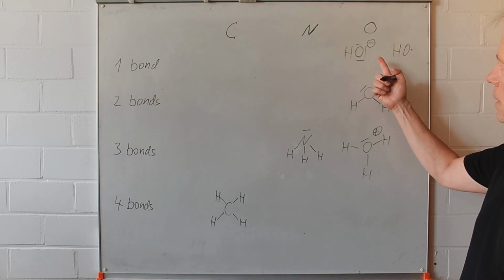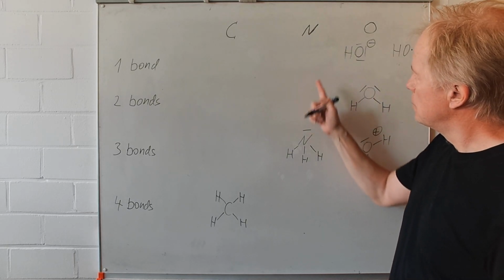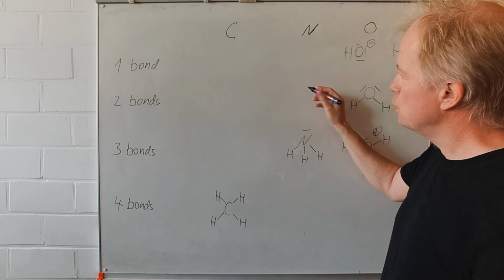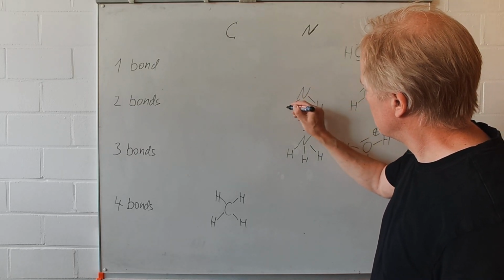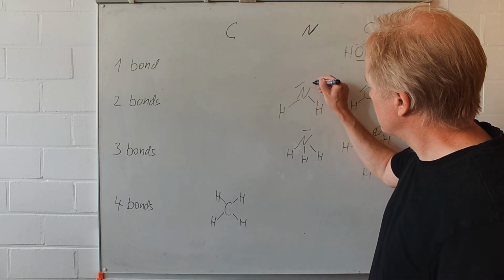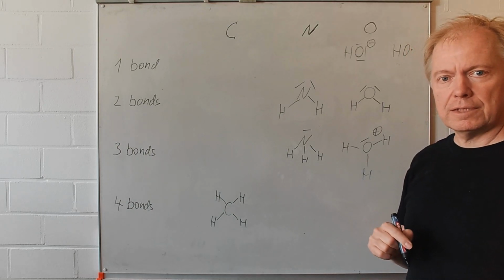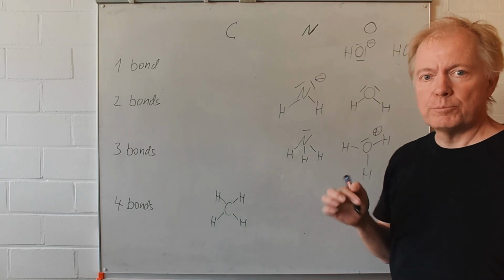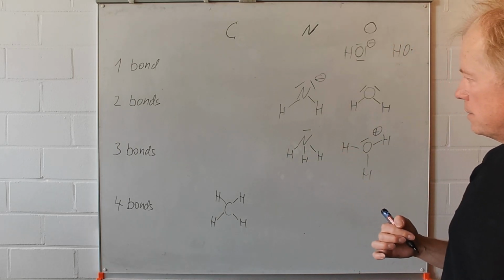Well, let us go to nitrogen. Here, a 2-bonded nitrogen is this anion, an amide anion, for instance, with potassium as counter cation.